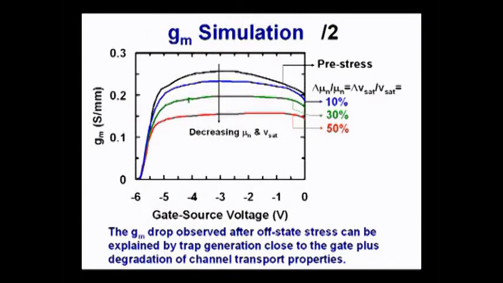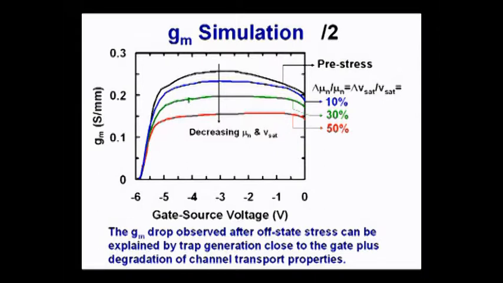In this figure, we can see that GM is dropping rigidly at all VGS by increasing the degradation in the mobility and the saturation velocity.